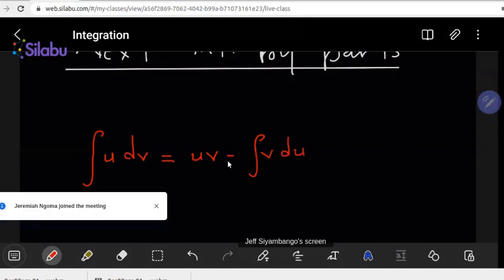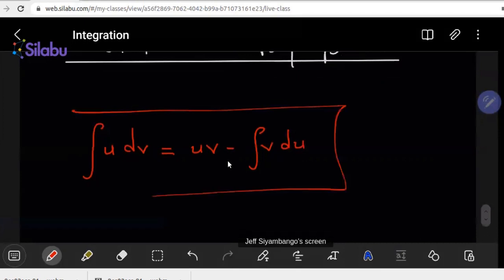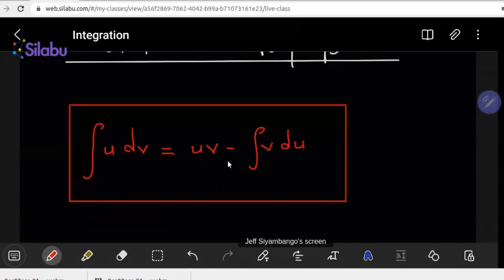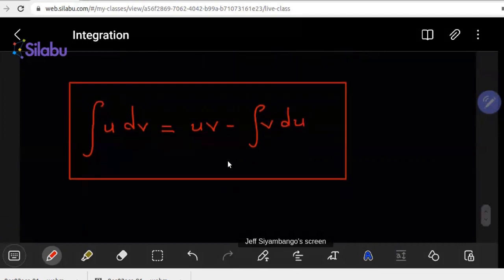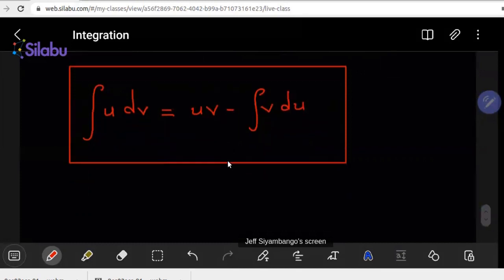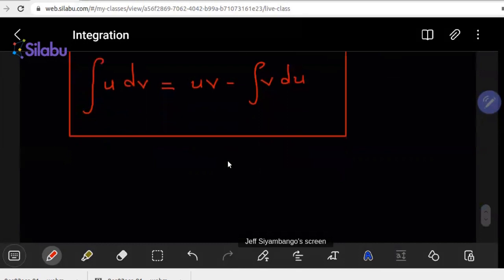So this is the definition of integration by parts. This can be derived. To derive this, you need to look at the derivative by product rule of two functions u and v.